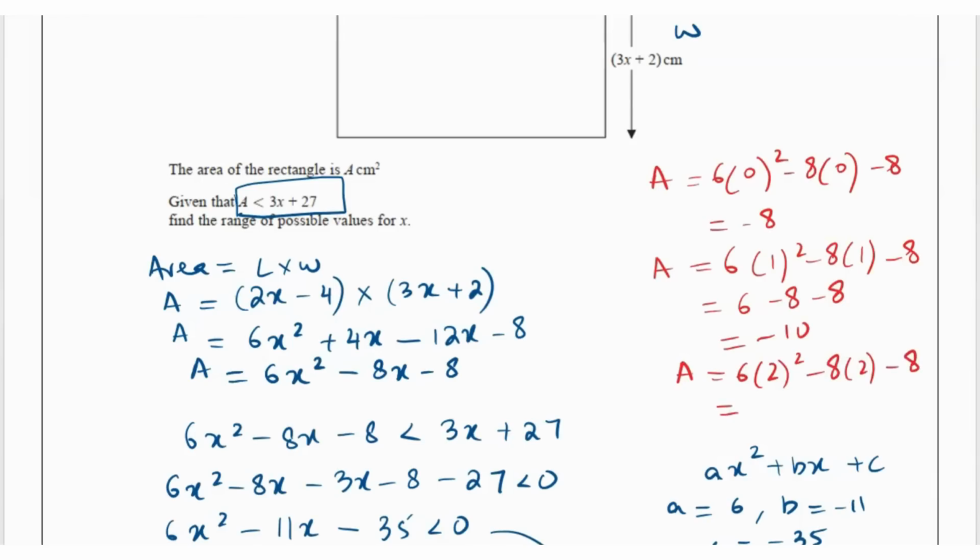So that's going to be 24 minus 16 minus 8. That is 0. So at x equals 2, we're getting a value of 0, which means if we put 3, 6 times 3 squared minus 8 times 3, and then again minus 8, then we get 22.